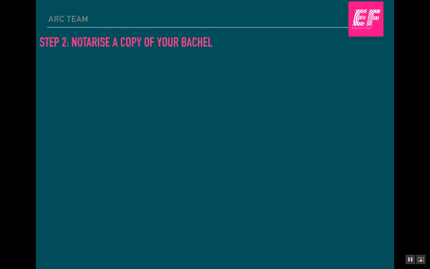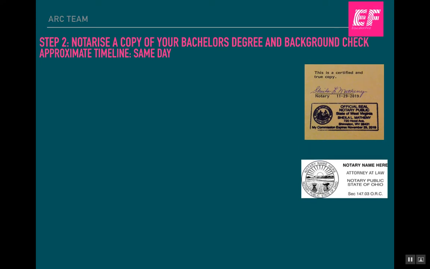So, step two, notarize a copy of your check. You've got your background record check now, get your bachelor's degree out, and then we're going to get it notarized. The approximate timeline for this is same day. You should be able to take your degree and your background check and get them notarized and get it back within the same day. These two things that I've just dropped in here are examples of notary stamps.